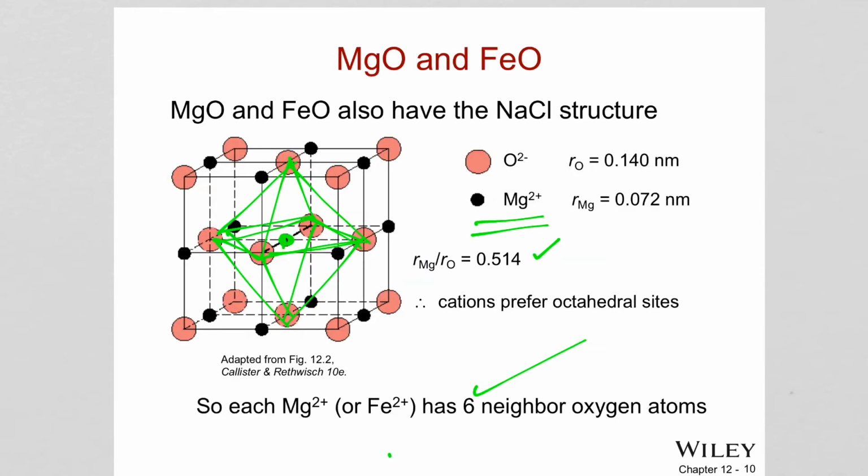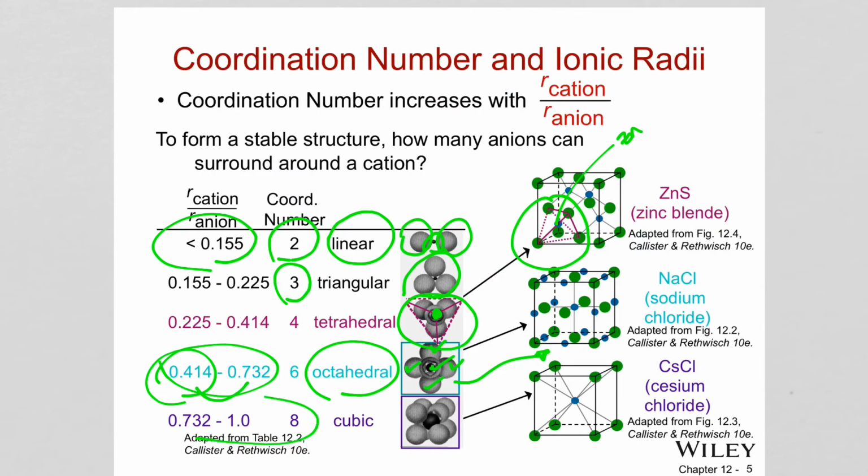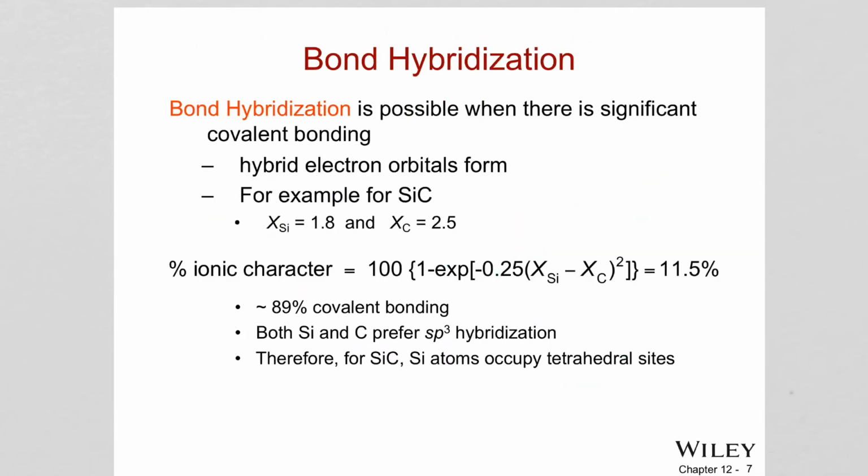And here you can see, remember, if you go back, the ratio fits in that range, and we have a cubic structure. It is like this. So if your ratio number fits in that range, your structure will be cubic, and it's going to look like a cesium chloride structure.